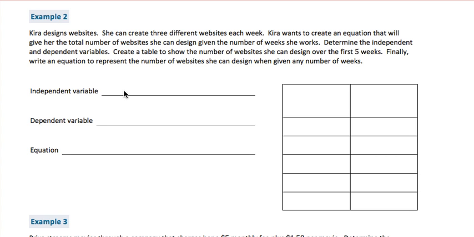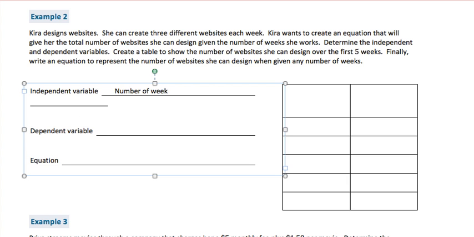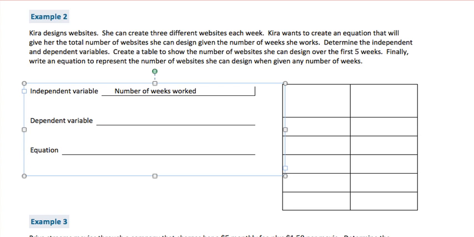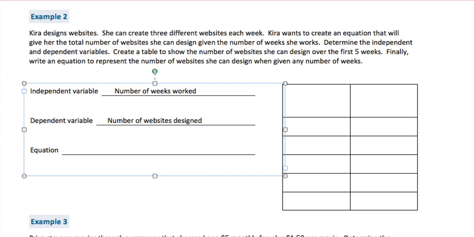So first of all, the independent variable would have to be our number of weeks worked, because that can't really change. Our dependent variable will be the number of websites that she designs, which again is dependent because the number of websites she can design depends on how many weeks she works.